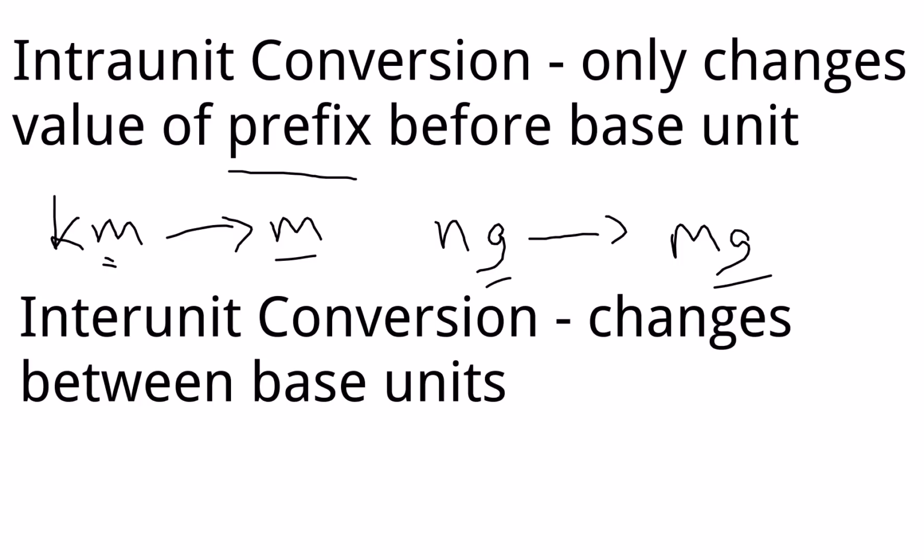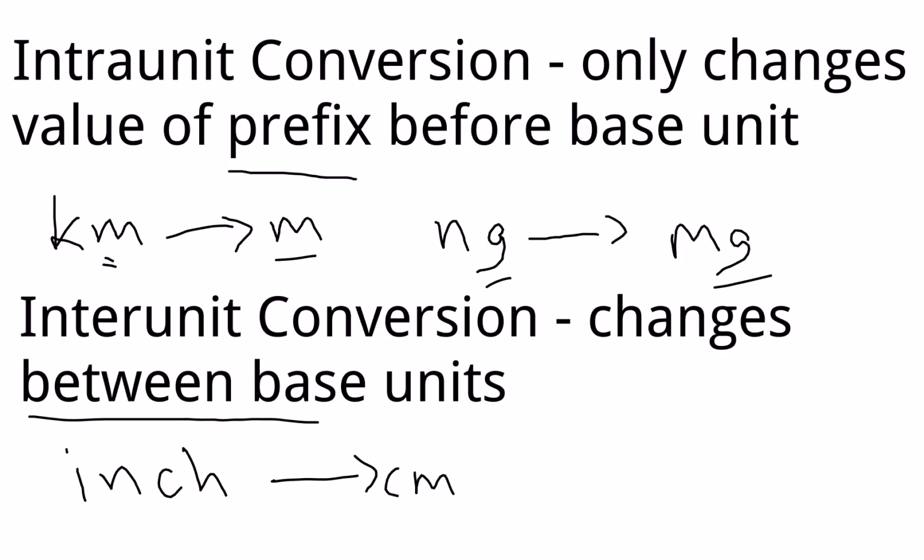Now if I go to inter-unit conversion, that's changes between the base units. So there's actually a change in the base unit. So here, if I go from inches over to meters, or centimeters, would be more on par with inches, it would be yards and meters. And let's say we could do gallons, and the metric for that would be liters.